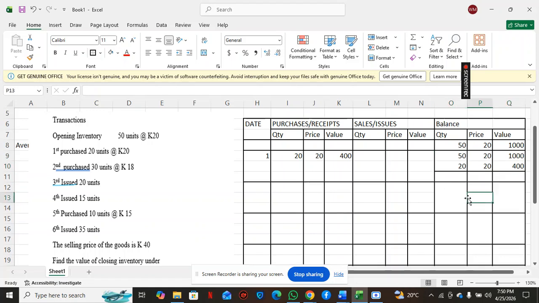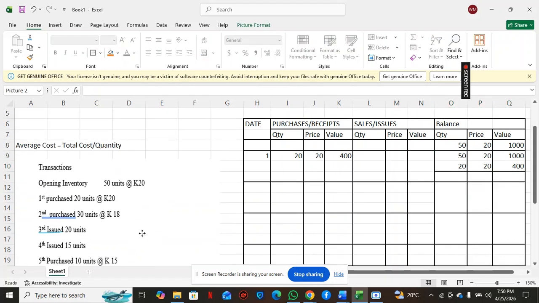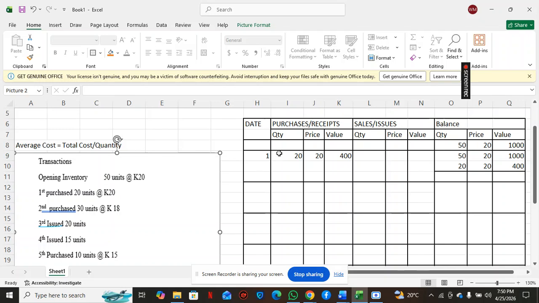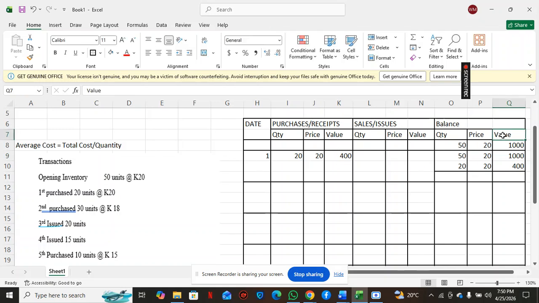Now, as we said, the average cost to value the inventory is the total cost, which I mean is the total value here. The total cost of this inventory is 1,000 plus 400, 1,400.